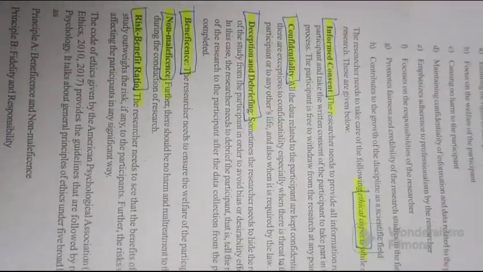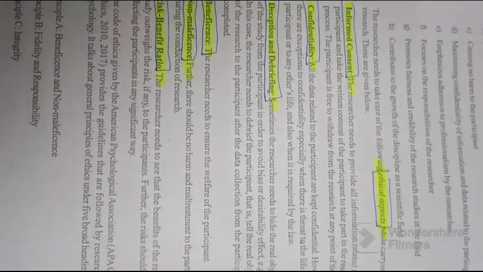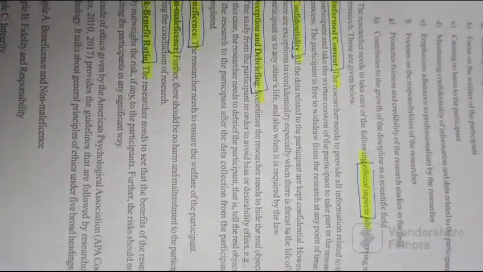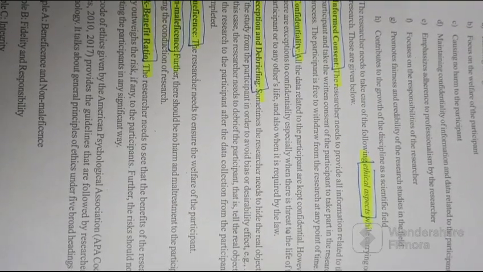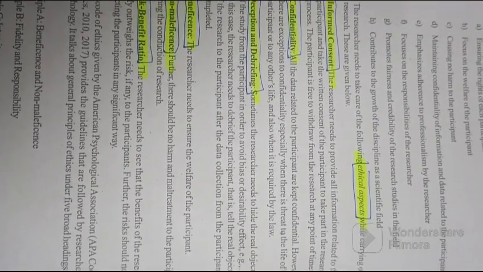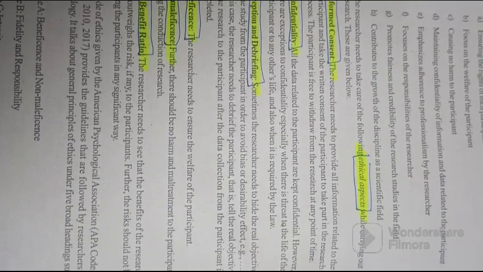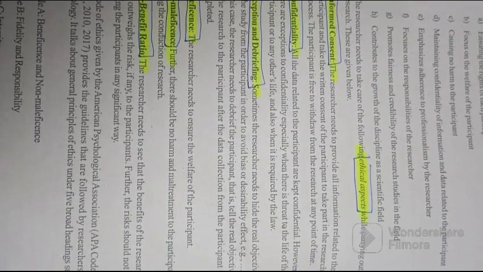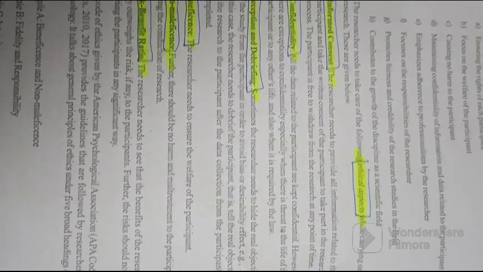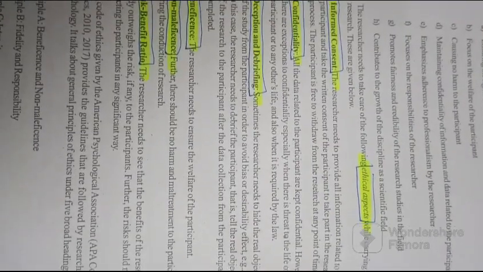Then next is deception and debriefing. So the researcher needs to hide the real objective sometimes, because the participant can then be biased. Okay, so if you give 100% information about all the procedure and everything, then the participant can be biased.